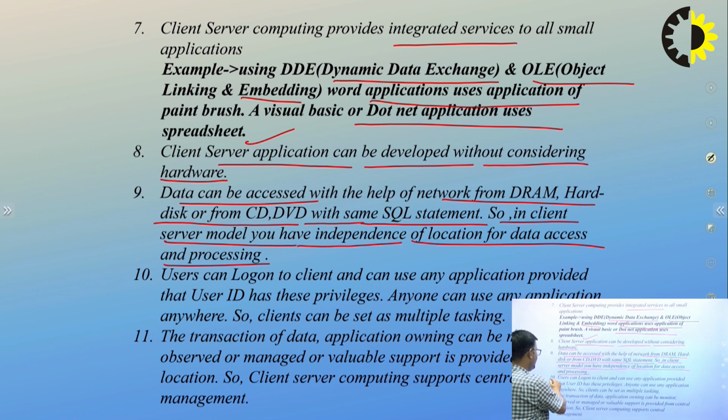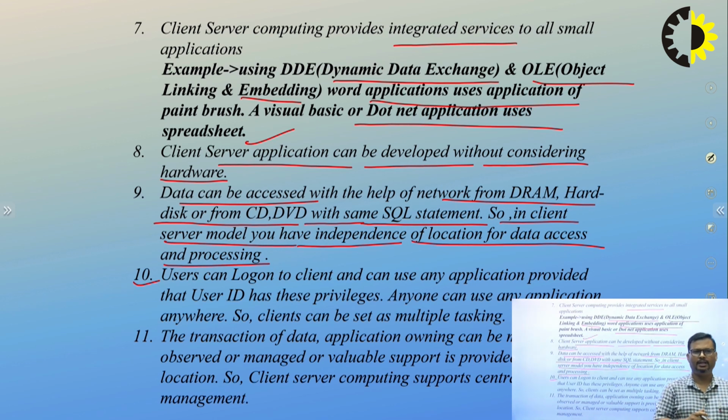And next point, a user can log on to the client and can use any application provided that the user ID has those privileges. Anyone can use any application anywhere, so the client can act as multiple tasking.